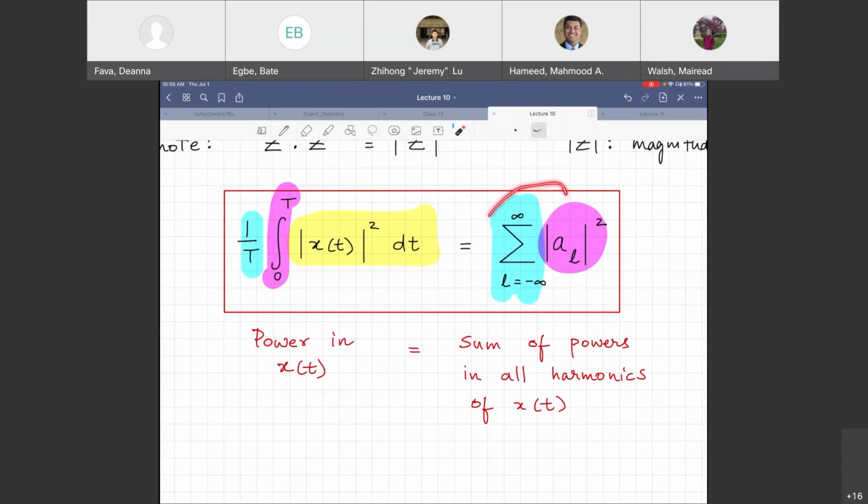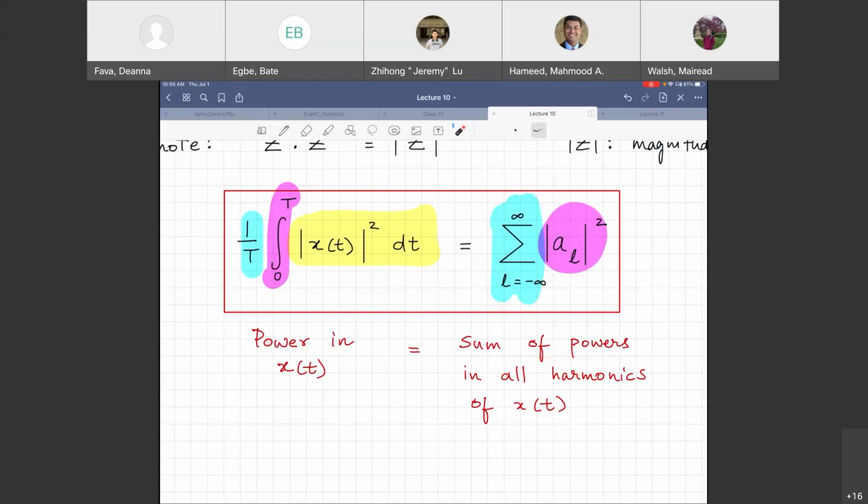On the right, what do you have? You are taking every Fourier series coefficient, you are evaluating the magnitude squared of that Fourier series coefficient, and you're summing up all of those. That is essentially evaluating the sum of powers in all harmonics.